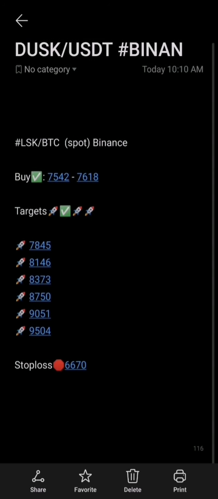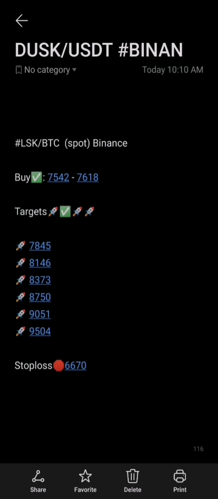It says we can take a buy trade at a buy price of 0.007542 or 7618, and our targets to sell and make profit: the first target is 784581, the second is 8146, the third is 8373, the fourth is 8750, the fifth is 9051, and the last is 9504.